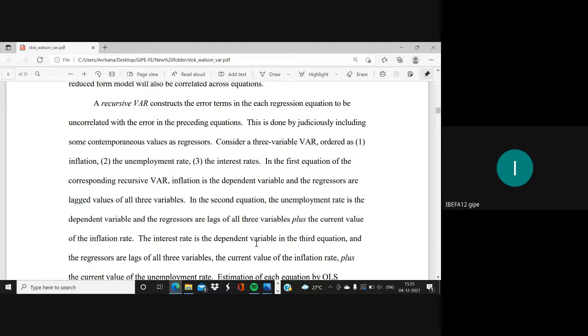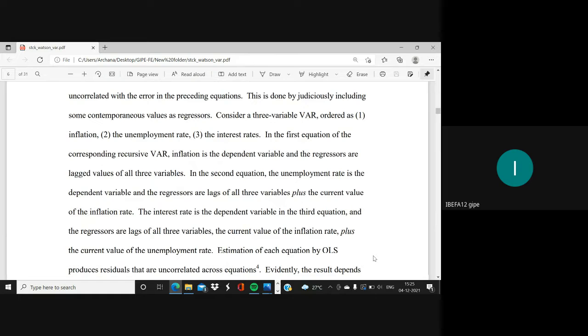Now the interest rate is the dependent variable in the third equation, and the regressors are the lags of all 3 variables, the current value of the inflation rate plus the current value of the unemployment rate. So here for the interest rate variable, you will find that it is affected by the contemporaneous value of both inflation as well as unemployment. So the kind of restrictions that have been imposed are slightly different from what we saw.